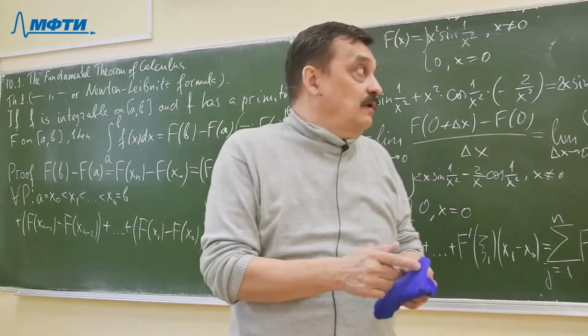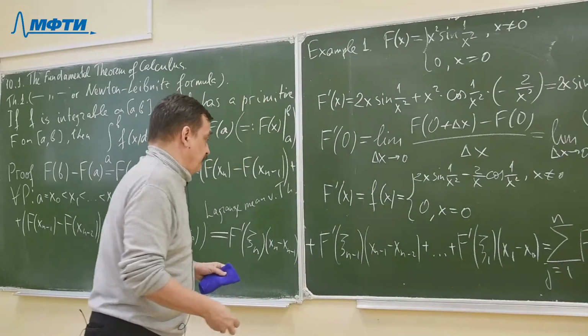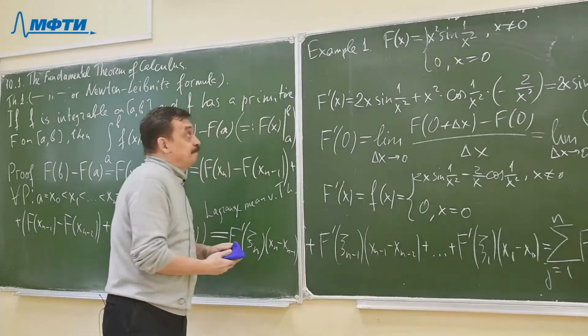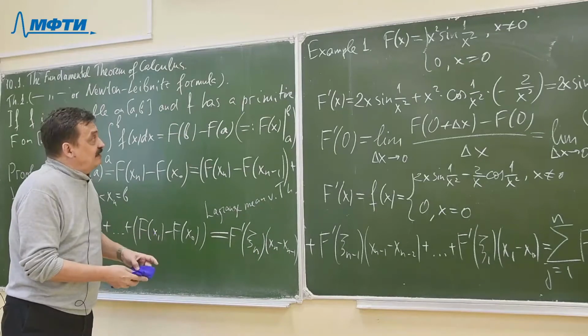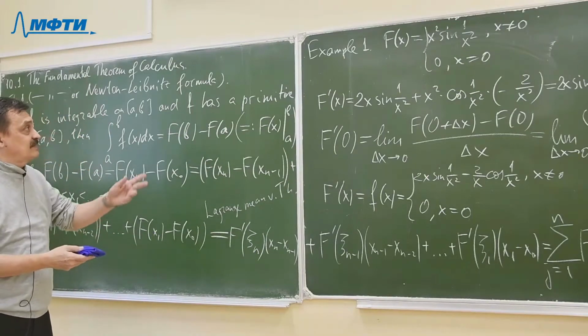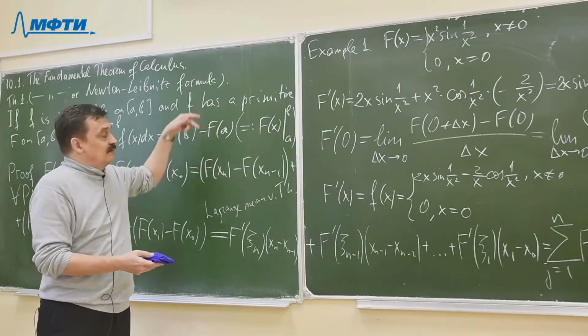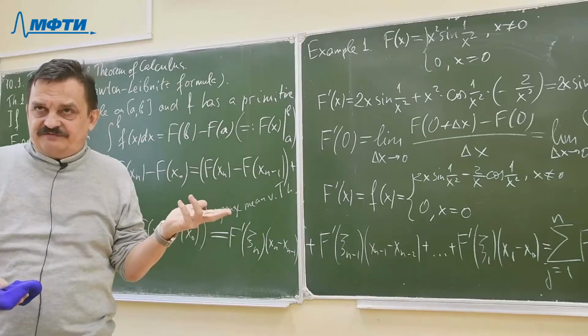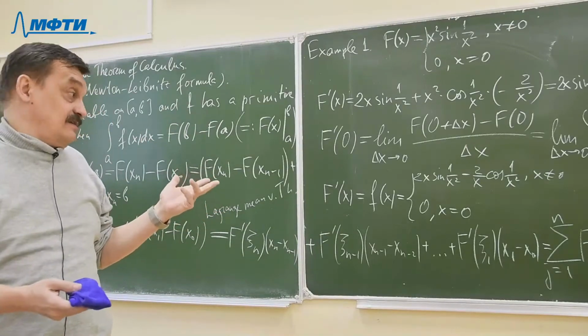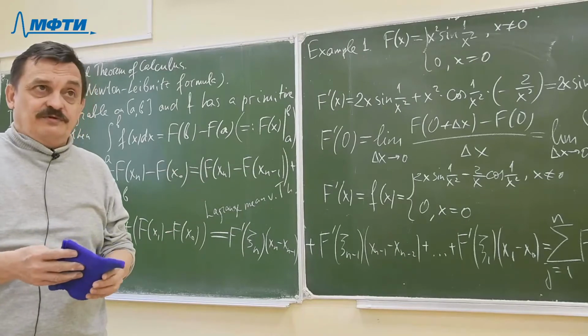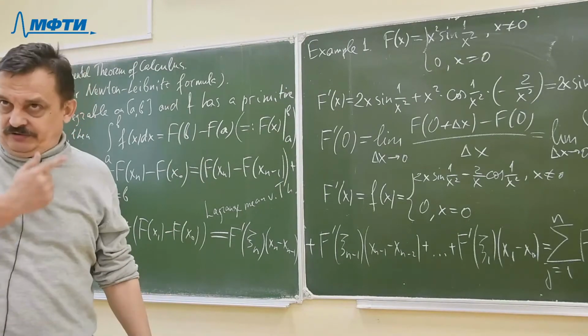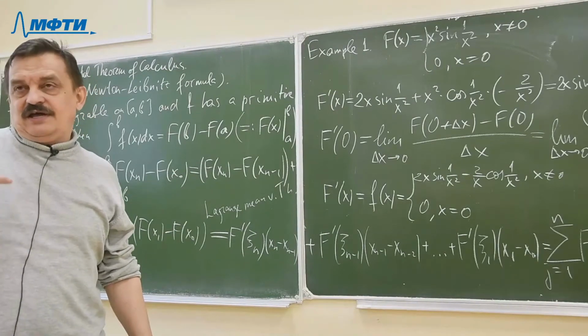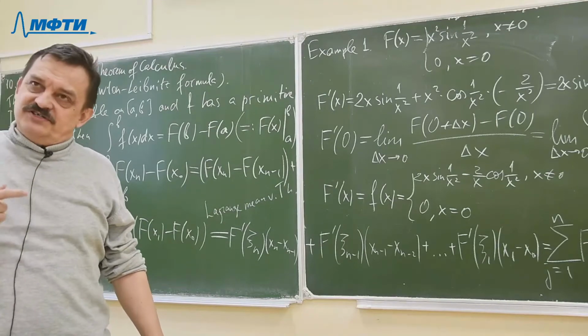In fact, you see that this example had unbounded little f. But there is an essentially more complicated example of a function which is bounded, has a primitive, but is not integrable.